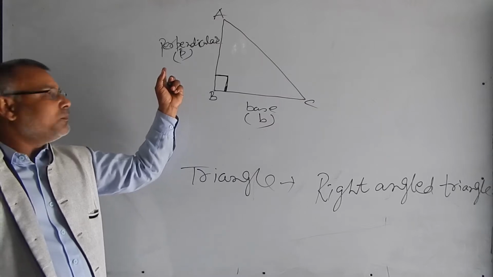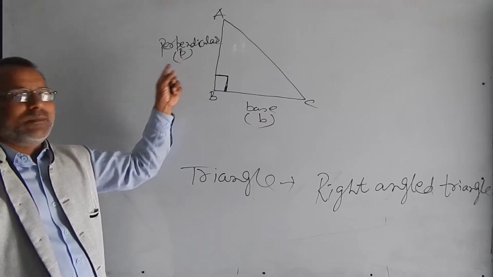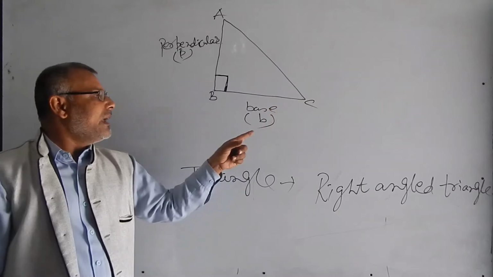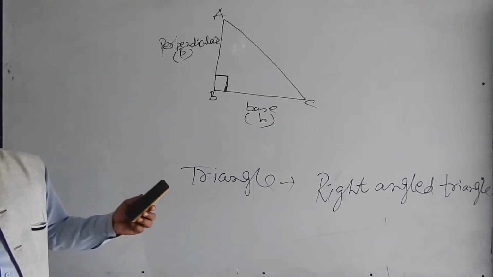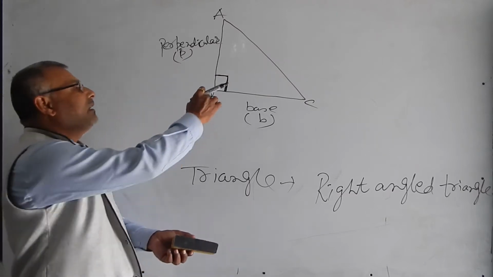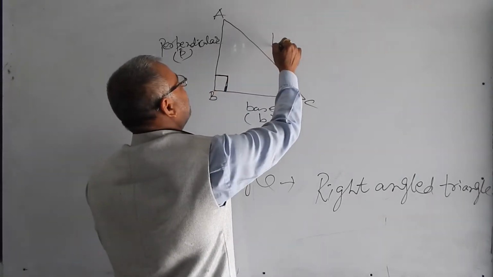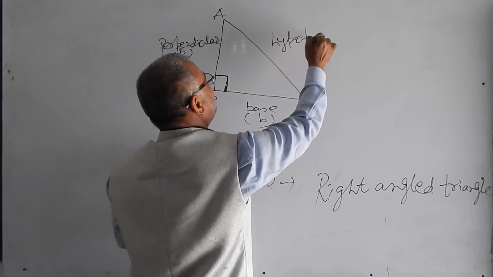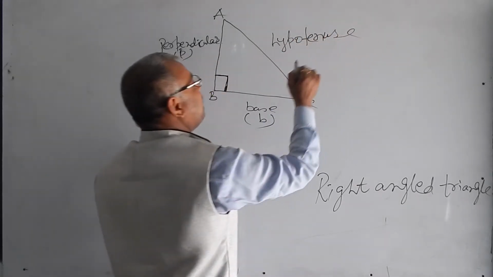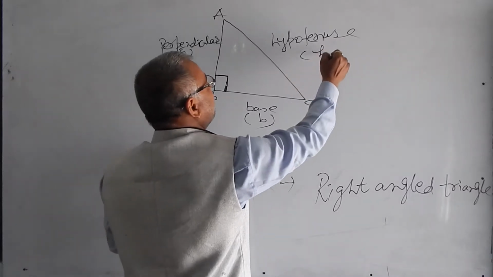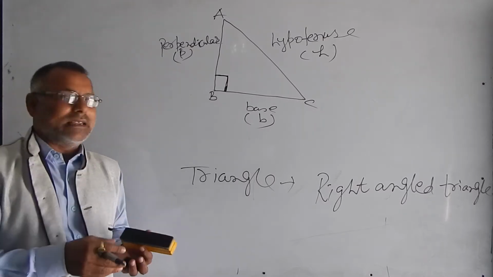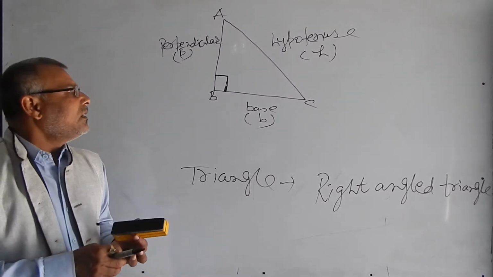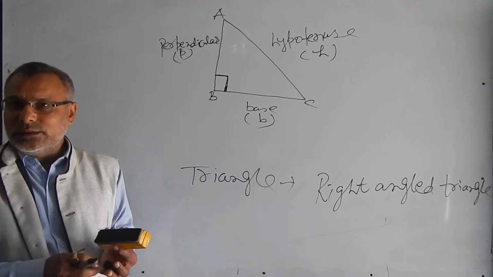Perpendicular is denoted by a small p, base is denoted by a small b. But in the right angle triangle, the side opposite to 90 degrees is called the hypotenuse, and it is denoted by a small h. Shortly, in a right angle triangle, one angle is 90 degrees and the other two angles are acute.